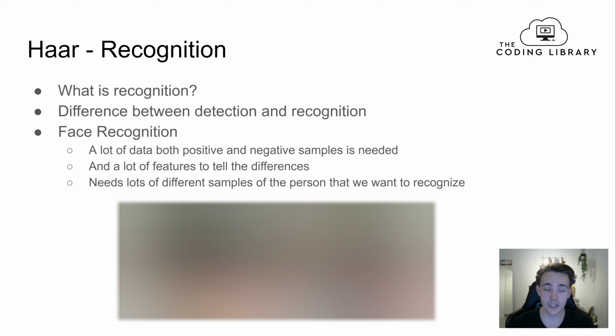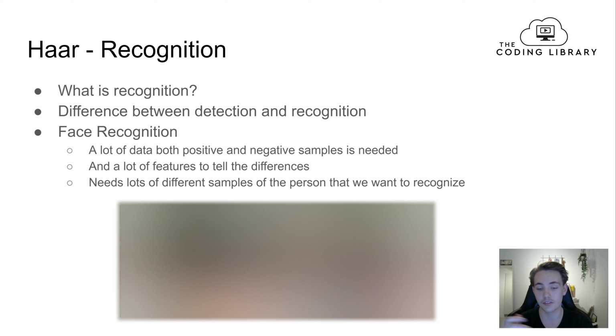When we're talking about recognition with Haar, we can also do recognition. First of all, we need to define what recognition is and what the difference is between detection and recognition. When we're detecting a face in an image, we're just detecting it, we don't know anything about the face, and it could be an arbitrary face. But when we're recognizing something in an image, it has to be the exact same thing. If we're going to recognize a person, it does matter what person it is.